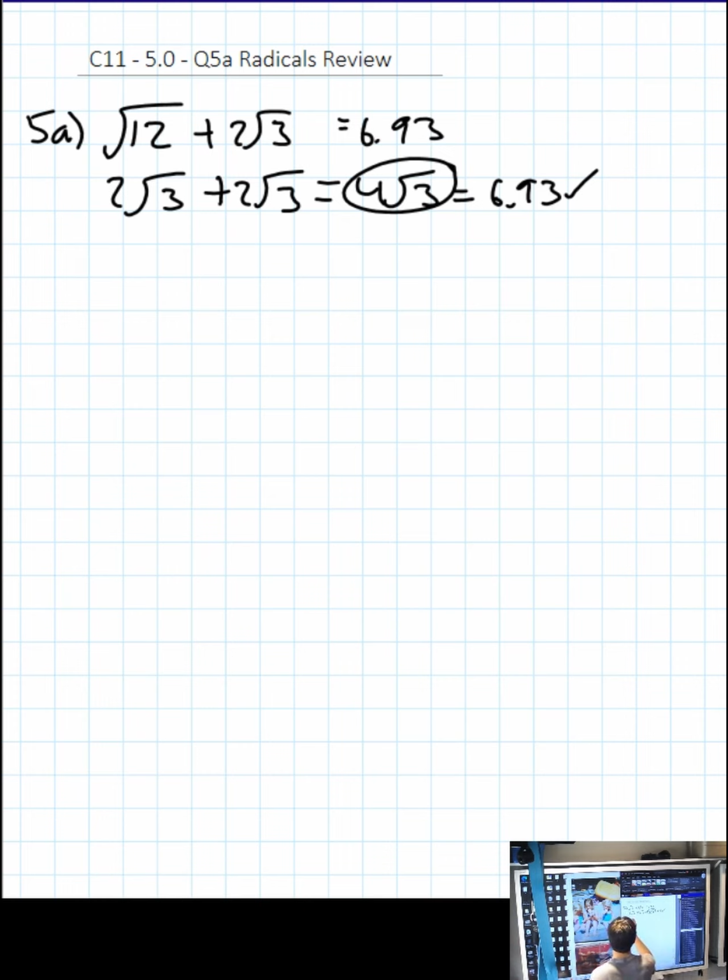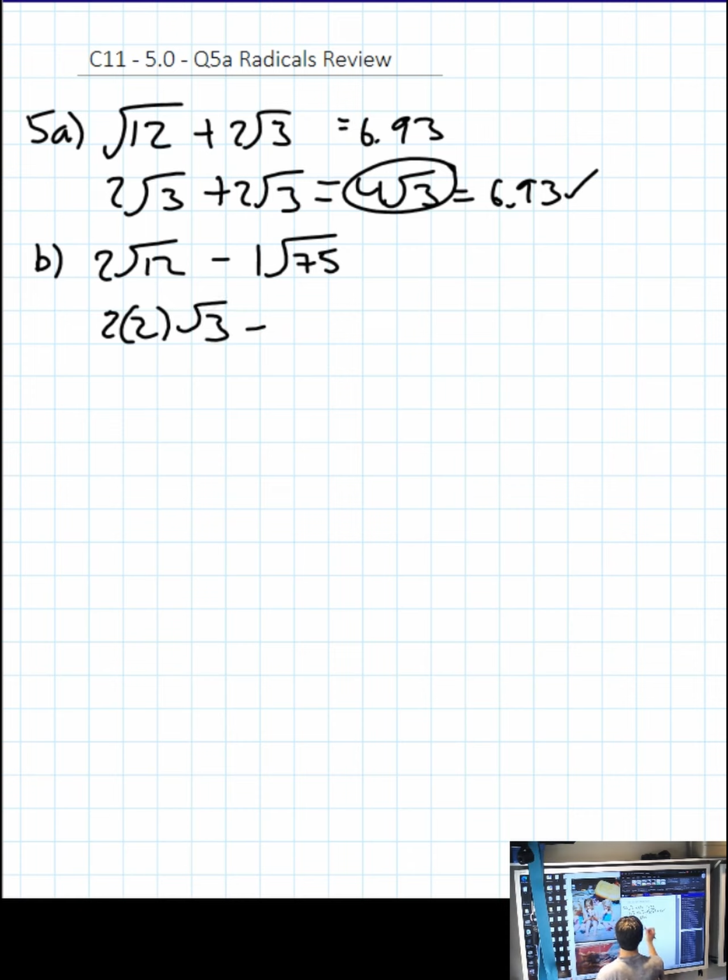Okay, we have 5b. We have 2 root 12 minus 1 root 75. That 1 is unnecessary. Okay, so we're going to simplify root 12. So we're going to say 2 times 2 root 3 minus, now 75 is simply 25 times 3, so that's 5 times 5 times 3, so it's simply 5 root 3.